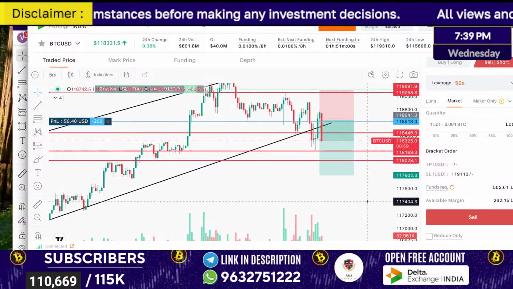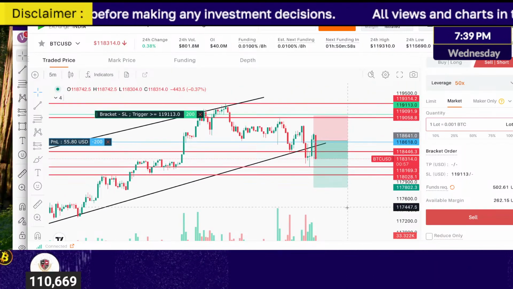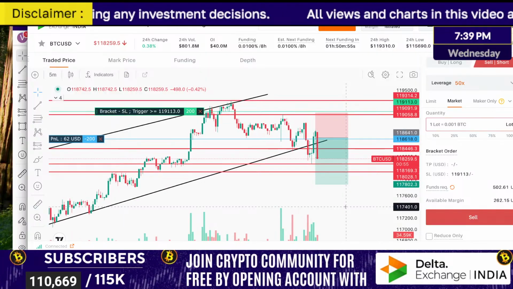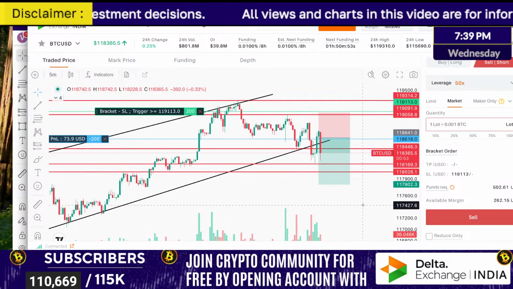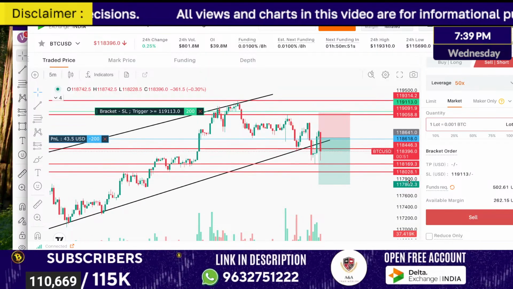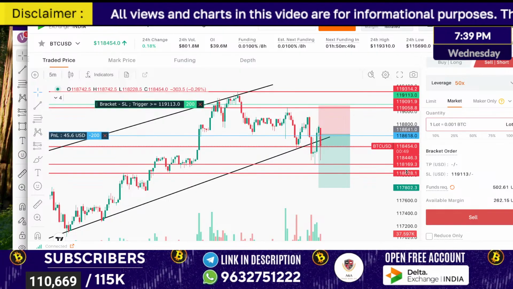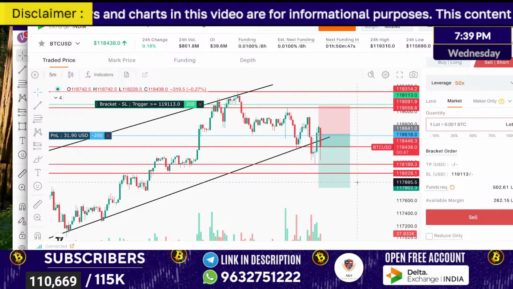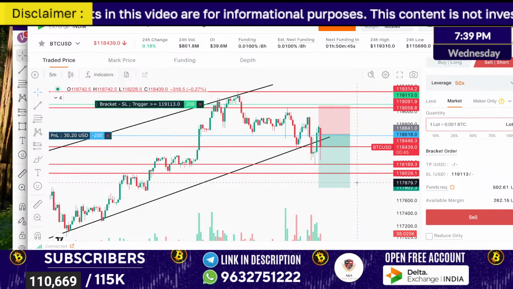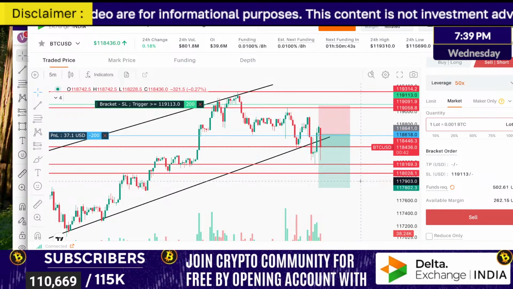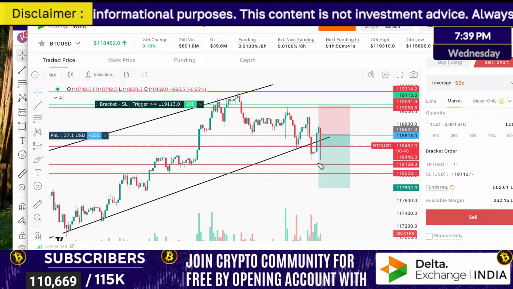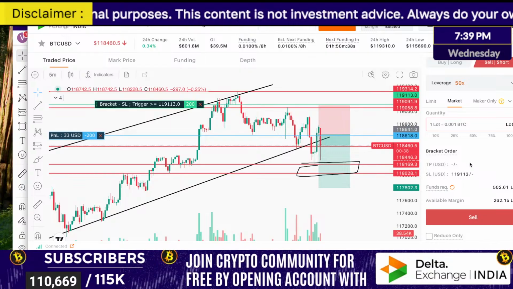So make use of the spike. Hopefully, the market breaks this zone and starts showing some continuation.